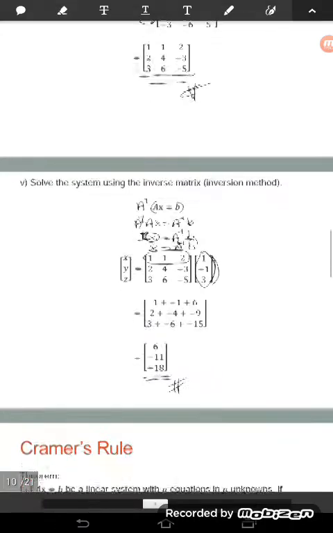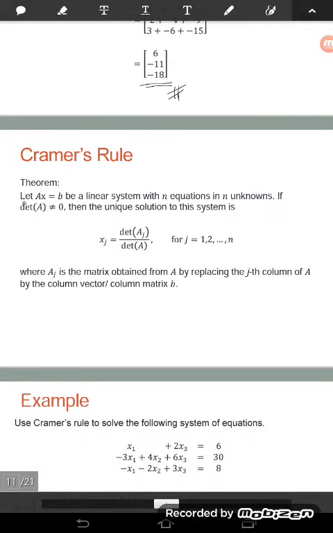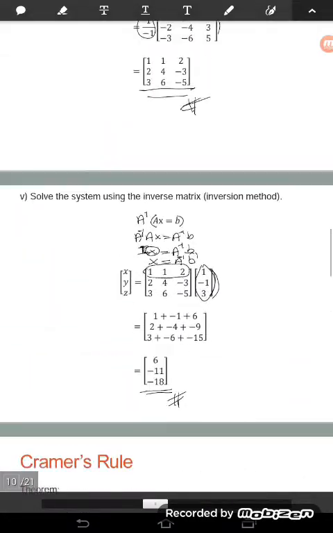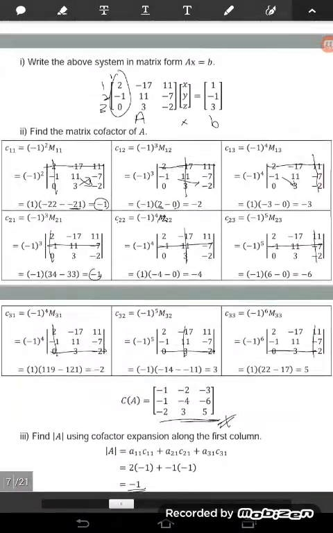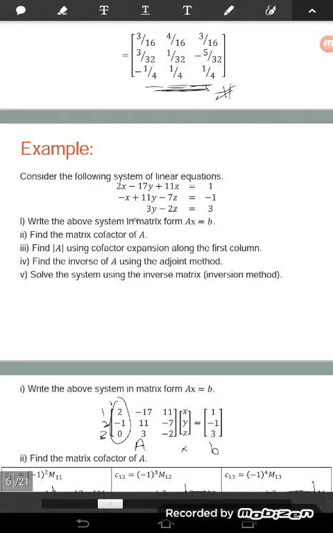Okay, next, Cramer's rule. In the theorem, let AX equal to B be a linear system with n equations and n unknowns. Like the earlier one, the one above. This we call n equations: 1, 2, 3, so 3 equations here.